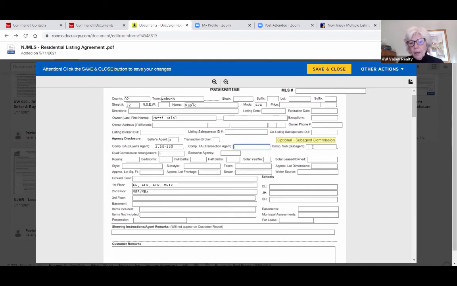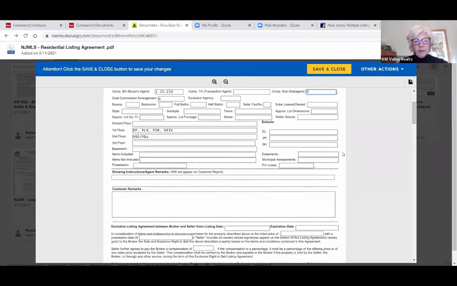Okay. Sub-agent, 0. Never invite or compensate a sub-agent for legal reasons. That means an agent working under you, and you would be legally liable for their behavior and what they say. So, sorry I skipped over that.